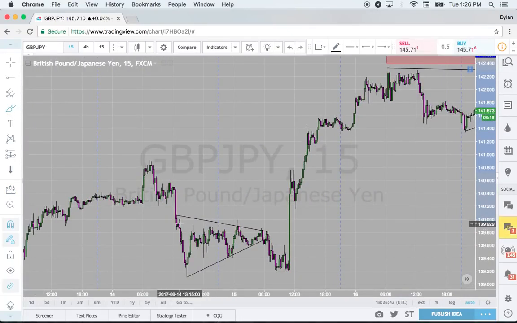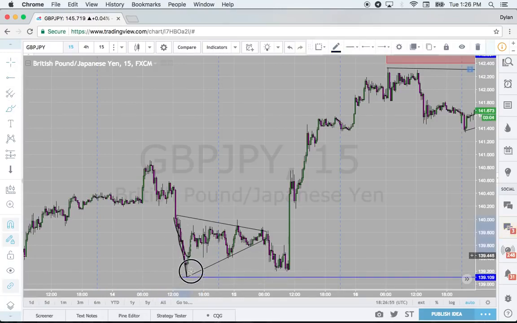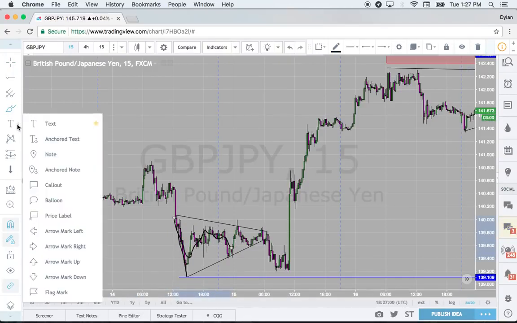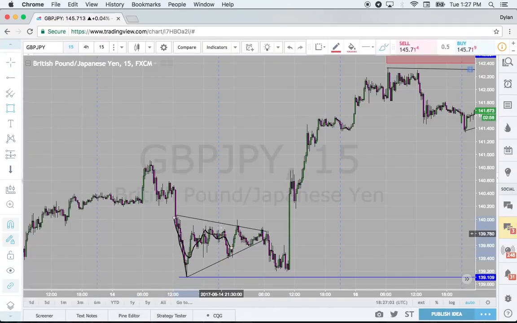Same scenario, you guys. The low of the day has been set right here. And then that wedge formation forms. Notice once again, the wedge is in basically Asian session.